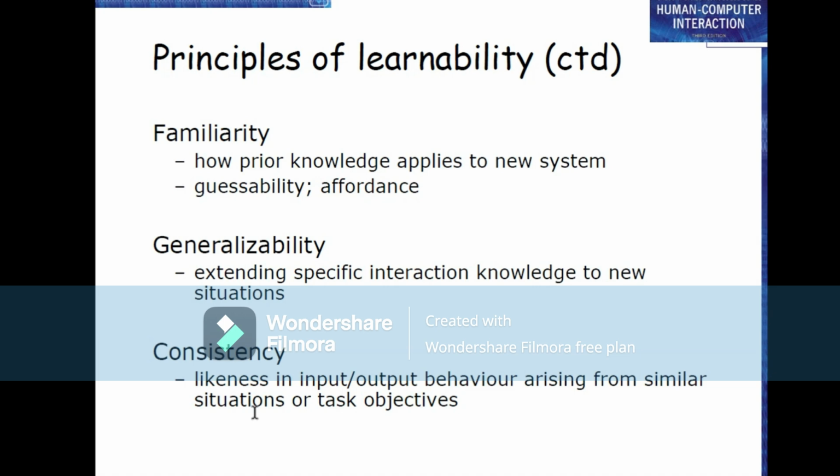For example, the keys E, S, D, X. The E key can be used to move up, S to go to the left of the text, D to go to the right, and similarly X to go down. So this consistency principle is somewhat relative.